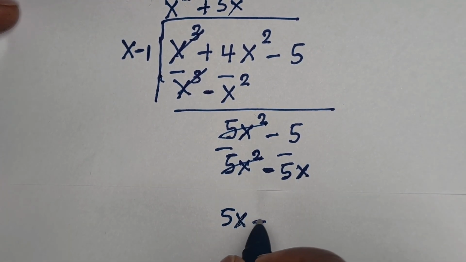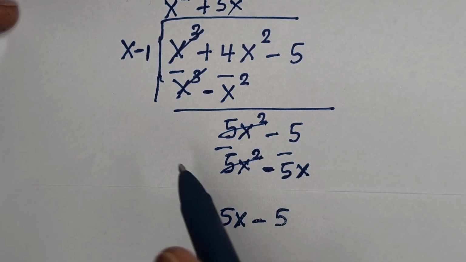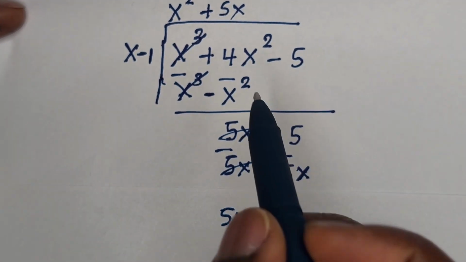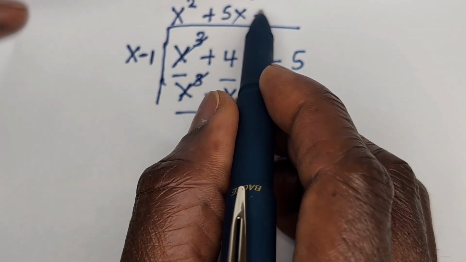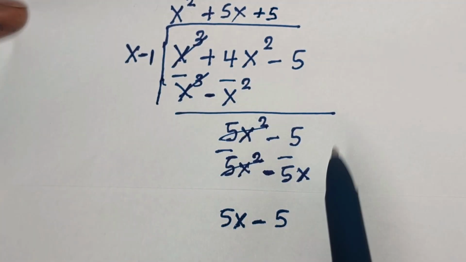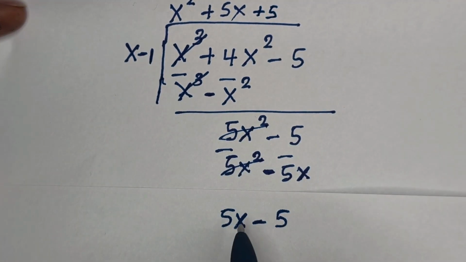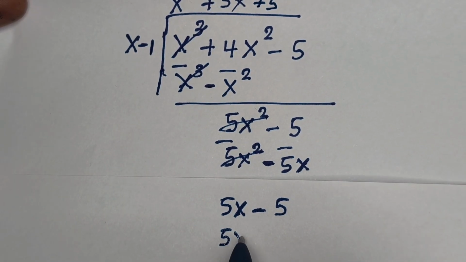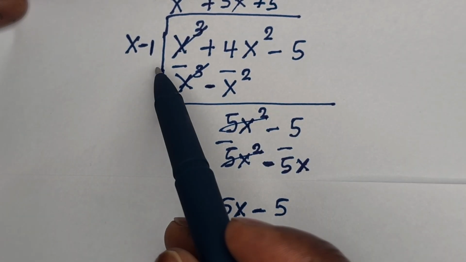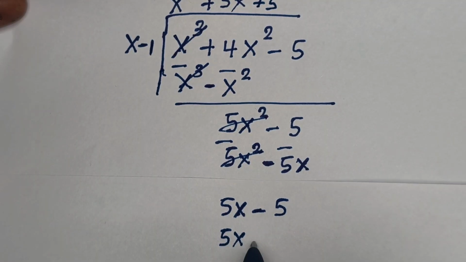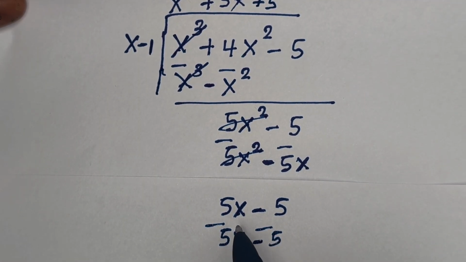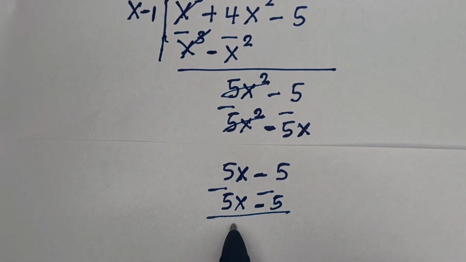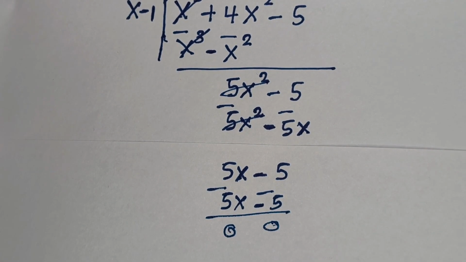Let's bring this minus 5 down here. Now s goes in 5s. Here will be plus 5. 5 times s is 5s. Then 5 times minus 1 here will be minus 5. If you multiply by minus 1, this is 0 and this is 0.